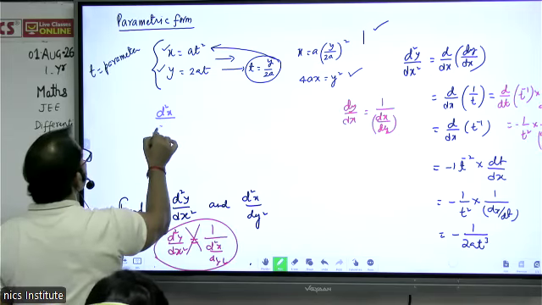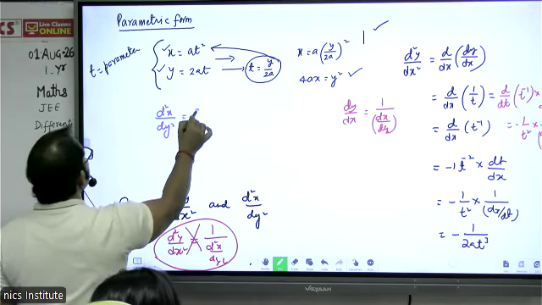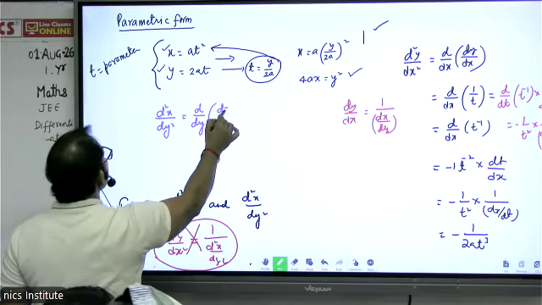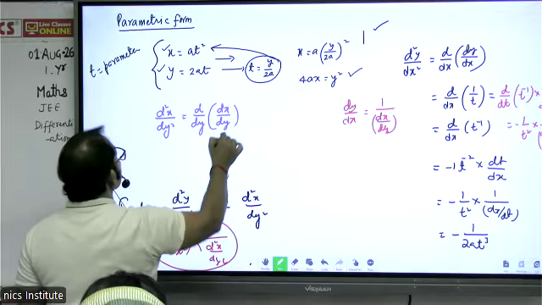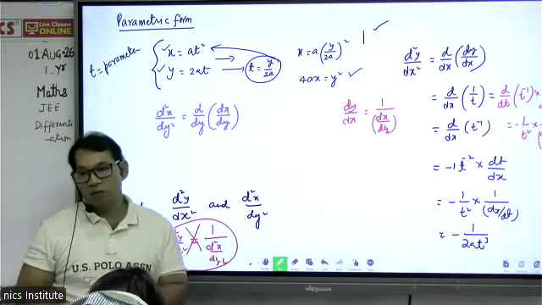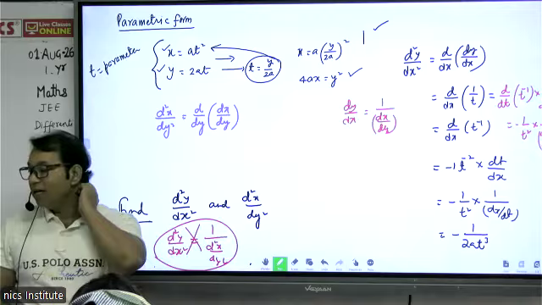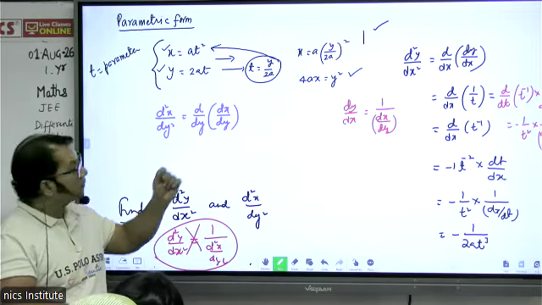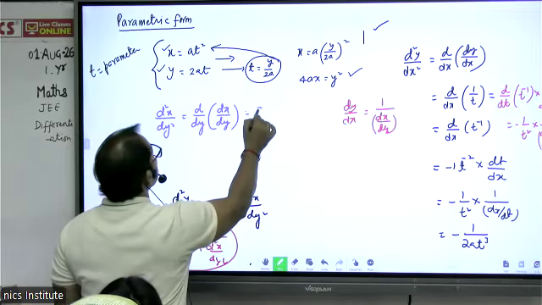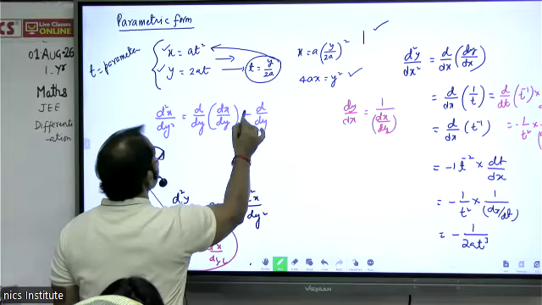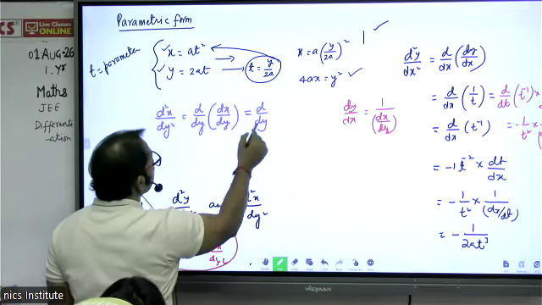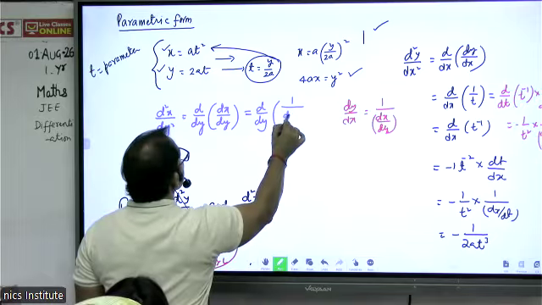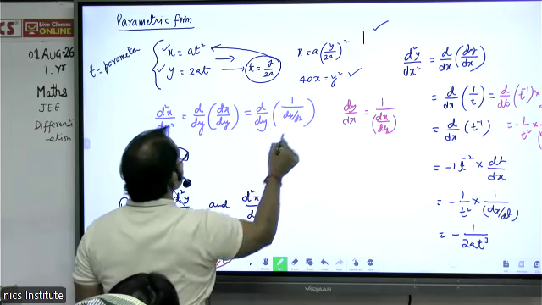d2x by dy square means d by dy of dx by dy. That is the meaning of d2x by dy square. We are differentiating dx by dy with respect to y. So this is d divided by dy. What is dx by dy? This is basically 1 over dy by dx, right? It is 1 over dy by dx.